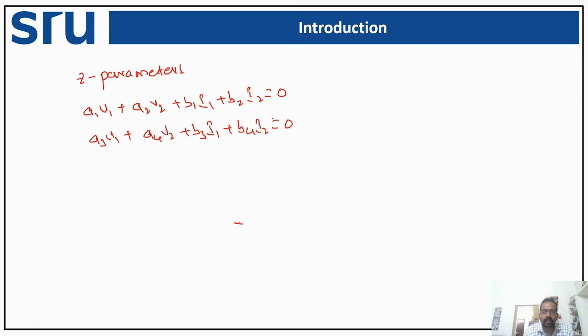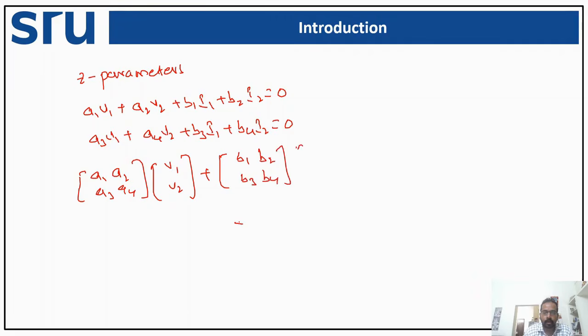We assumed c1 and c2 as 0 because there are no dependent sources. We wrote this in compact form as [a1 a2; a3 a4] times [v1 v2] plus [b1 b2; b3 b4] times [i1 i2] equal to 0.